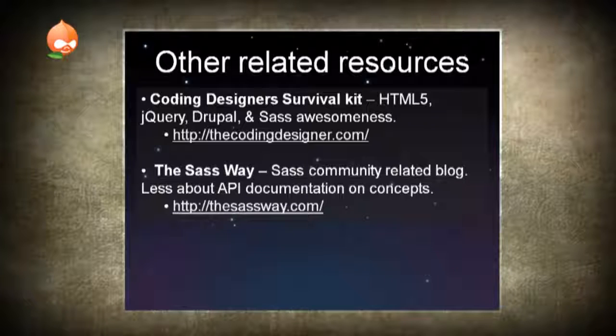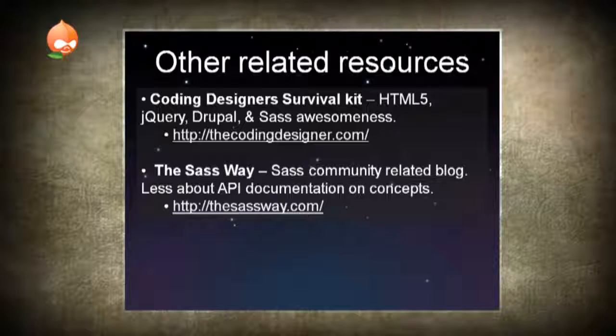And the other one is the Sass Way, which is a community blog of people that are using Sass. I like it a lot because it explains a lot of the concepts behind Sass. Reading Sass's website or Compass's website, and I don't mean this in a derogatory sense, it reads a little like api.drupal.org, where it's just samples of code and what it does, and that's great for when I'm trying to code stuff.